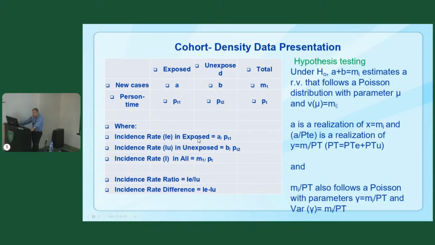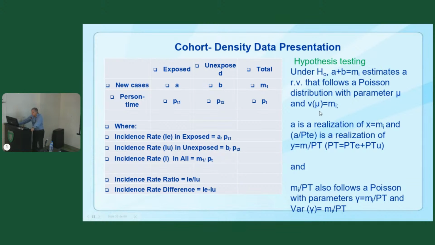If I divide the incidence rate for the exposed by the incidence rate for the unexposed, I am in a territory called incidence rate ratio. I sub E divided by I sub U. Incidence rate difference is when I take the incidence rate in the exposed minus the incidence rate in the unexposed. That's the portion of the incidence attributed to the factor that I'm interested in, the exposure factor.